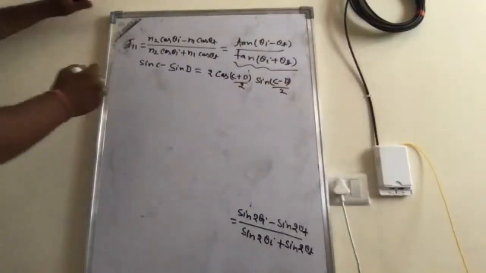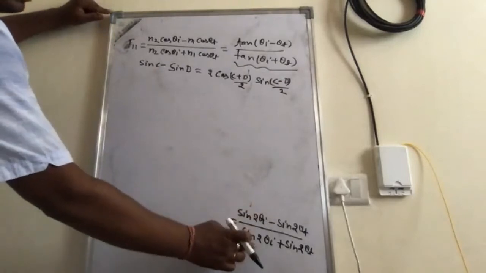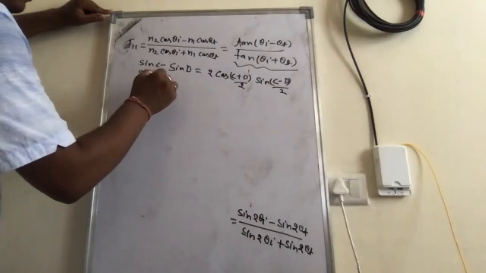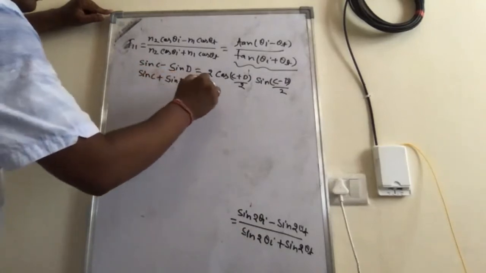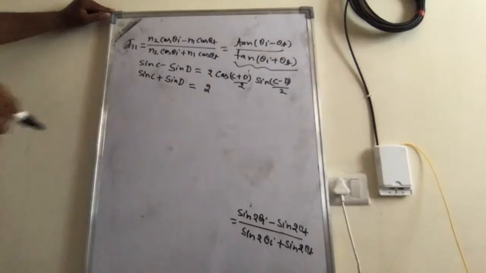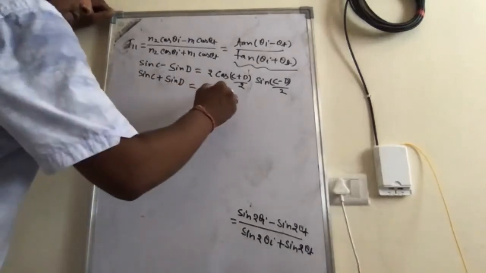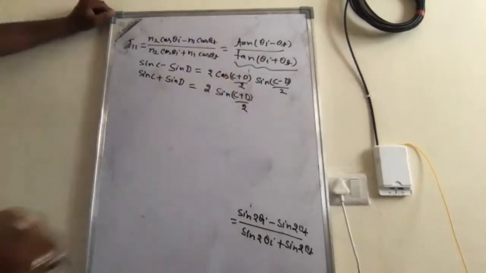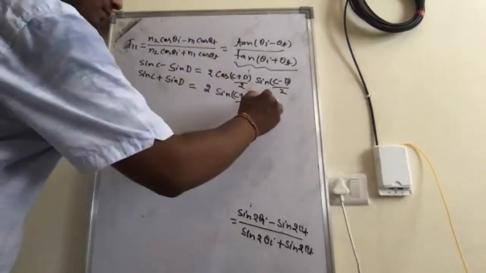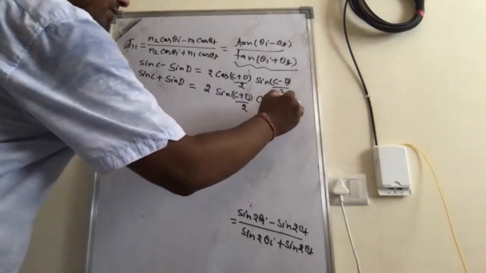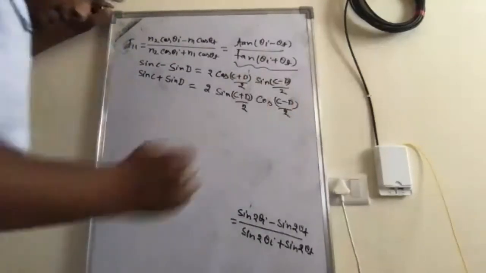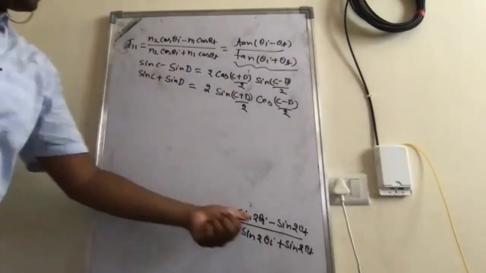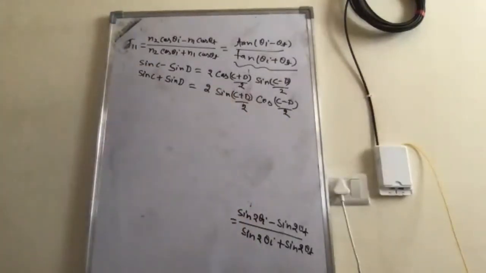In the denominator it is a plus sign, so sin c plus sin d is equal to 2 sin of (c plus d) by 2 into cos of (c minus d) by 2. So we need to use this trigonometric identity here and here, and then we can solve this.